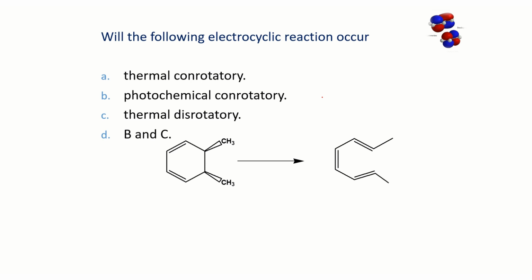The one thing I want to point out to you now is this. The highest occupied molecular orbital is the molecular orbital that is responsible for any electrocyclics. Let's even expand upon that. The highest occupied molecular orbital of the acyclic species is the one that is responsible for the electrocyclic.